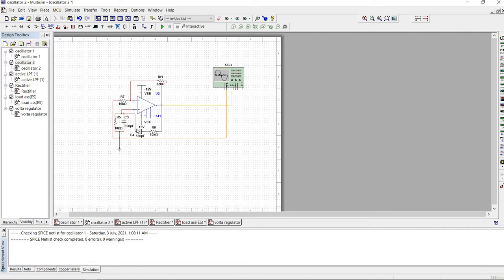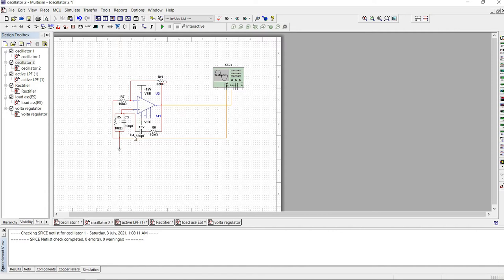As you can see, my R5 and R6 are the same value, and my C3 and C4 are the same value.